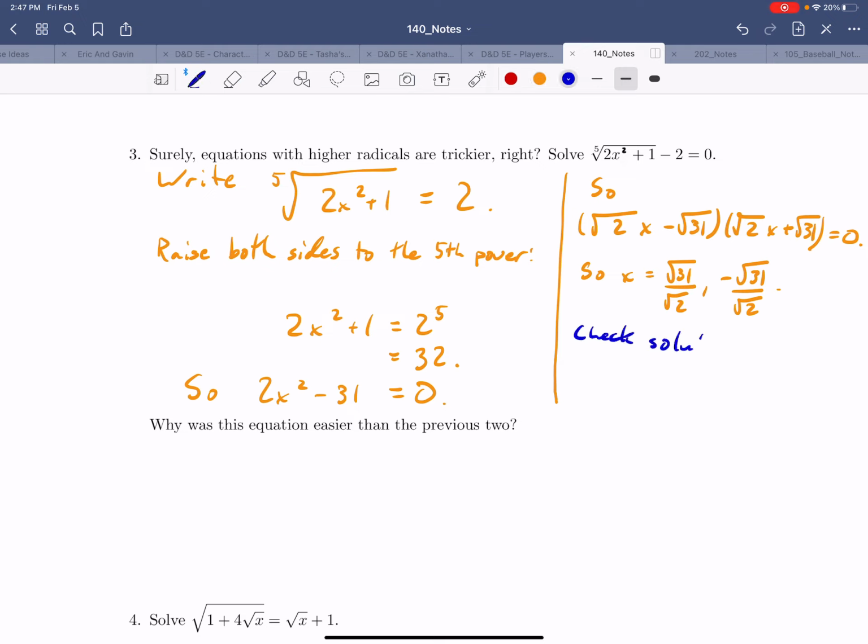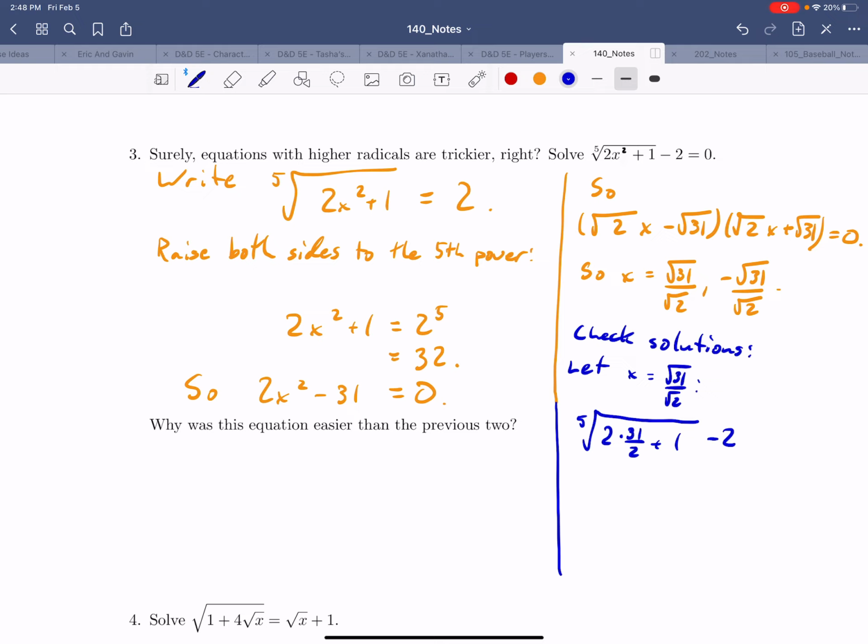Check solutions. Let x equal square root of 31 over the square root of 2. And this is actually kind of nice. We're going to get the fifth root of 2 times this guy squared, which I'm just going to square because I think it's nicer to look at, plus 1 minus 2.